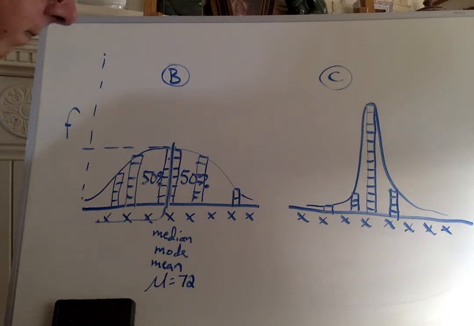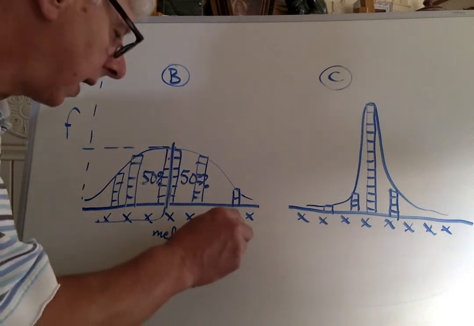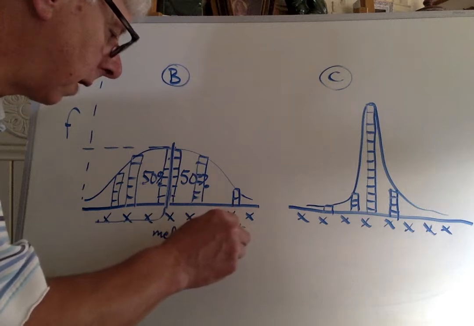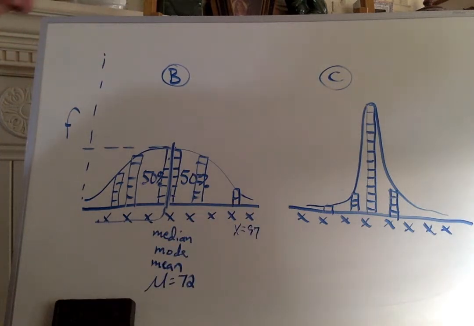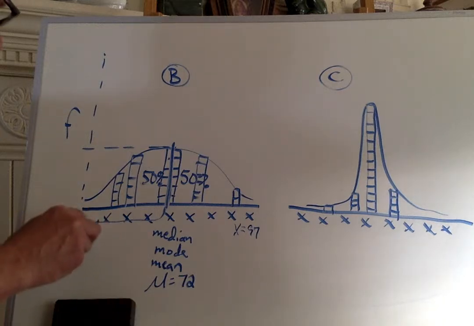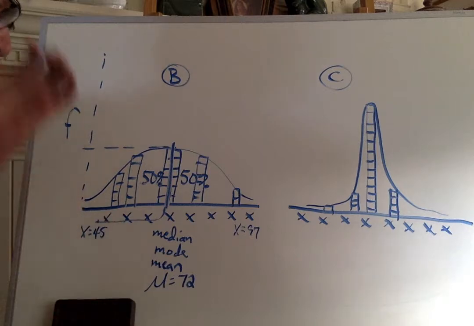Okay? And let's say the highest score is 97. And the lowest score here is, let's say, 45.